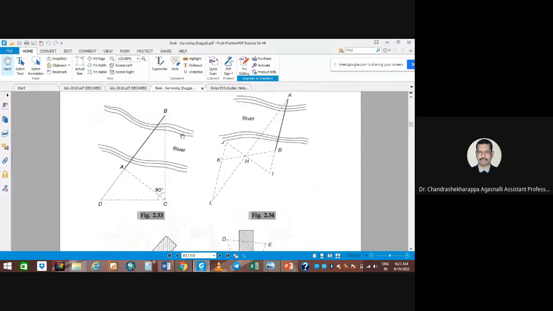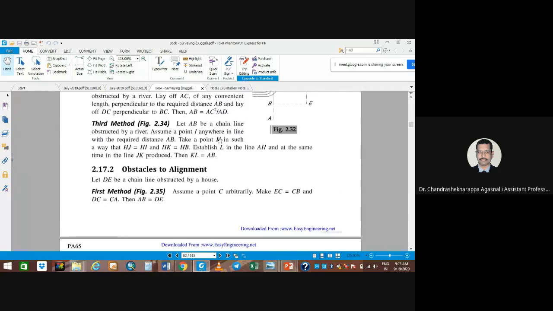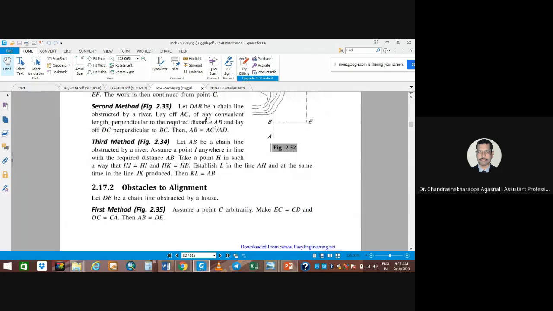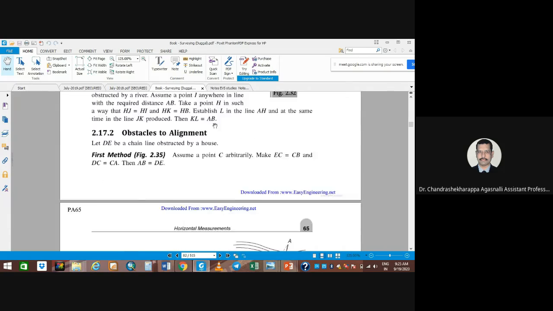How are we going to avoid this? How are we going to find the distance? That is the thing here. Lay off DC perpendicular to BC, then AB is equal to AC squared by AD. That is how you need to take the measurements. And here also it is the same, just reversed.